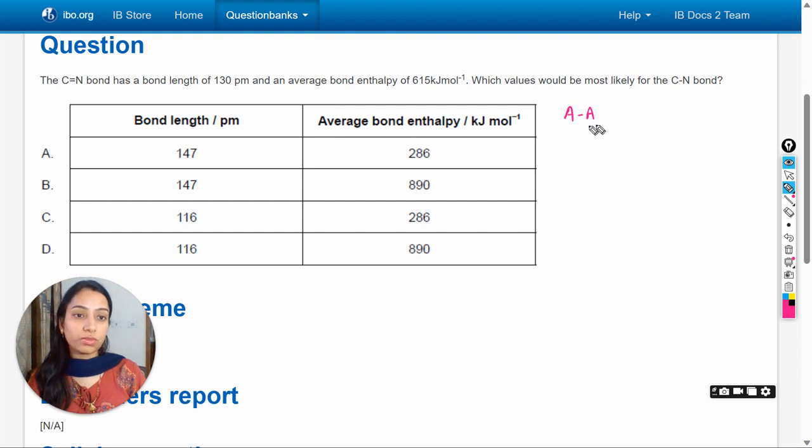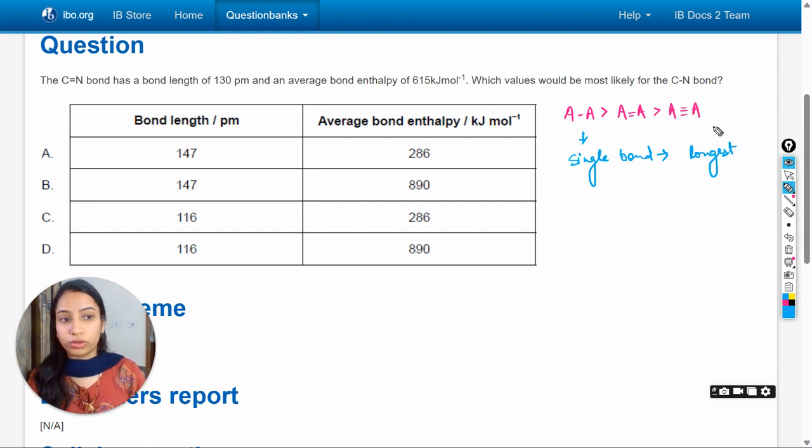So the bond length order will be like this, which means as I've already said that the longest bond will be the single bond. Single bond will be the longest. So this is the order for the bond length.